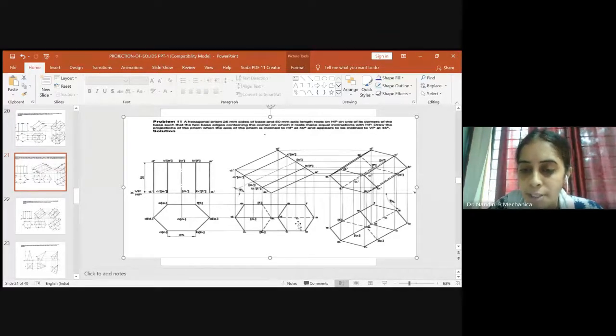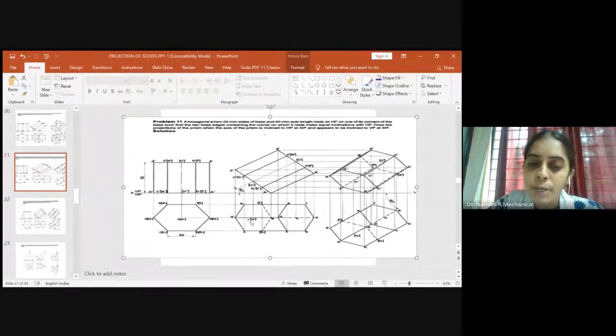You measure the distance from O to A, how much it is, keep one end of the compass here and cut an arc. So you got the point A, name it immediately. And again from O1 to D1, you measure the distance, keep one end of the compass over here and cut an arc. So this will be our point D. These two points we got.